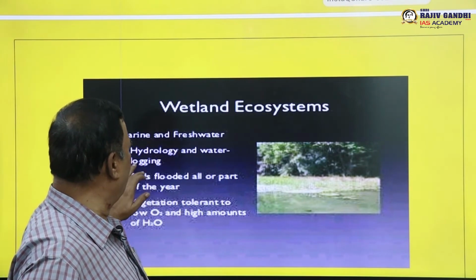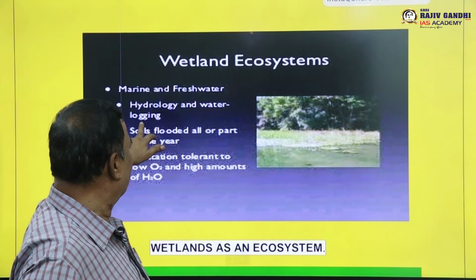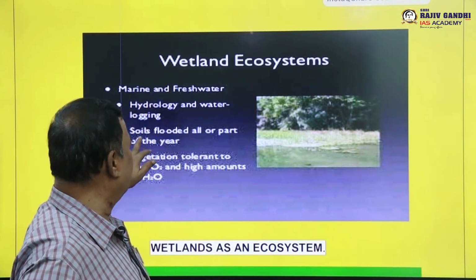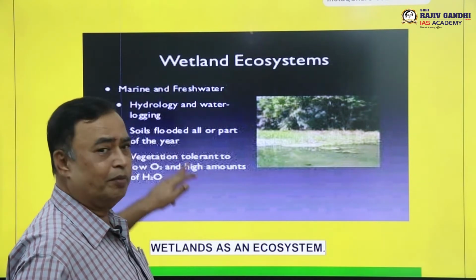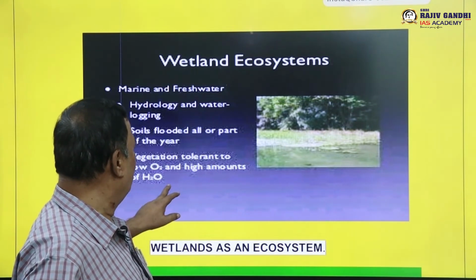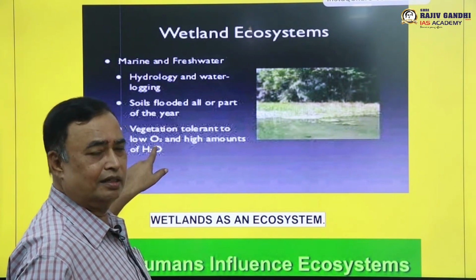So, hydrology and waterlogging. In this ecosystem, water gets stagnated throughout the year. Soils are flooded for part of the year. Why is flooding important? Because flooding brings enough nutrients. Vegetation tolerates low O2. That's more important.